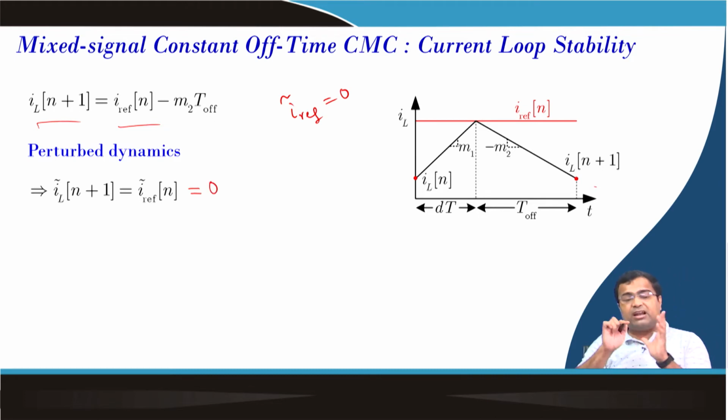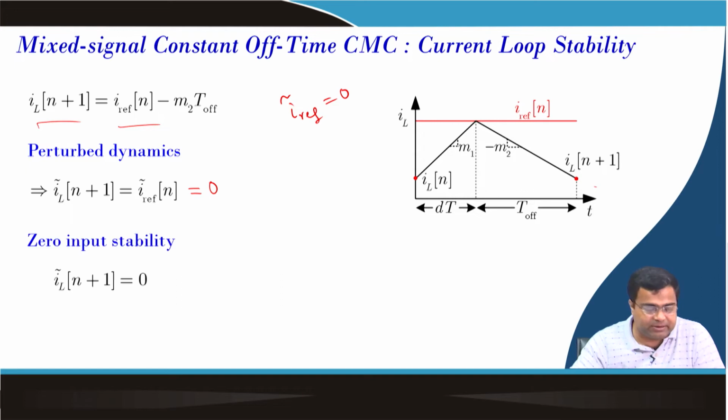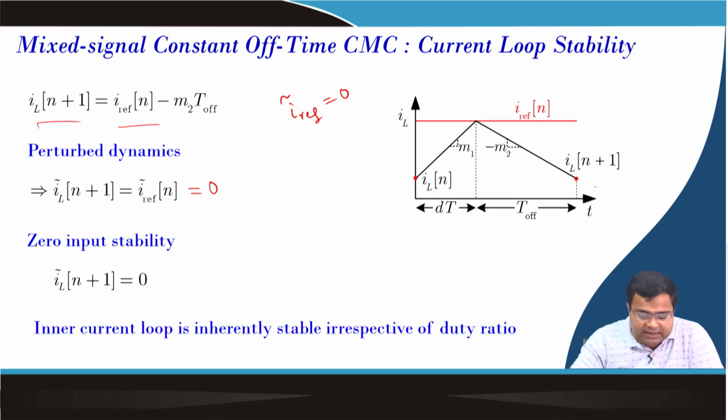So the current loop will never become unstable when you apply a fixed current reference, though it may become unstable in closed loop when IRFN comes into the picture. Otherwise, with a fixed current reference, it will never become unstable irrespective of the duty ratio, and that gives inherent current loop stability and makes it very popular for wide duty ratio operation.